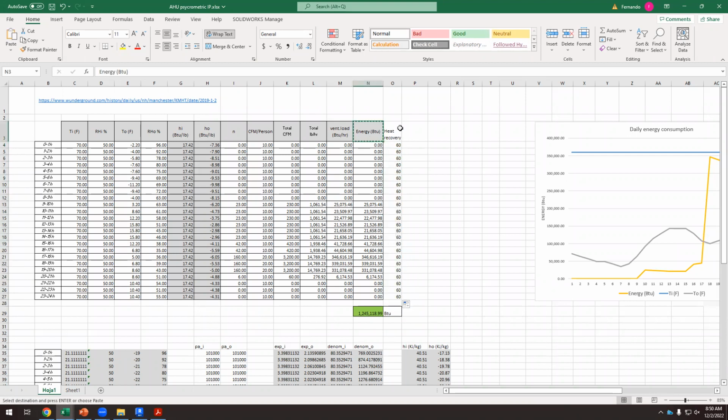And now we need the energy with heat recovery. Remember that this formula was equal to the energy without the heat recovery times 1 minus this value, the efficiency of the heat recovery.